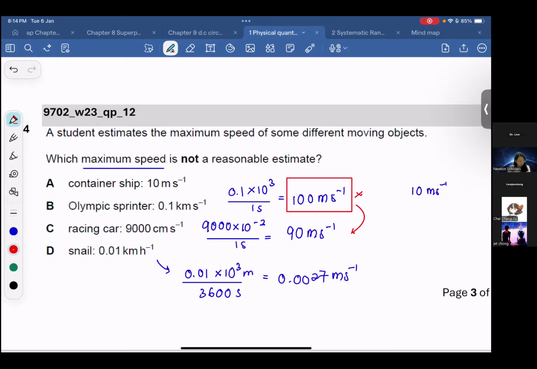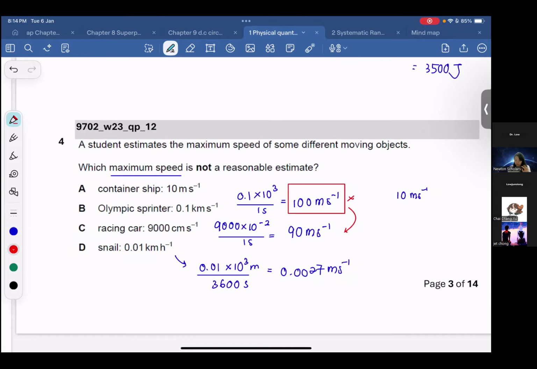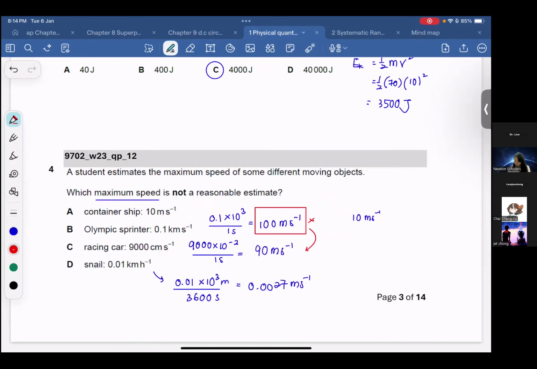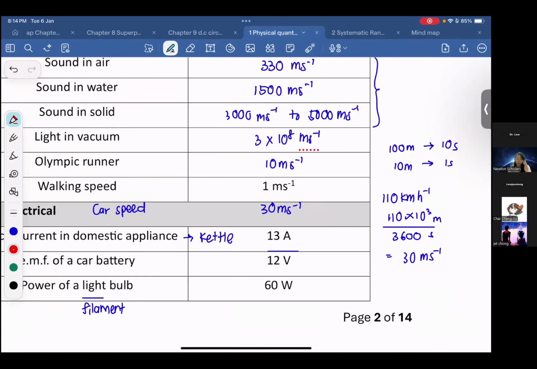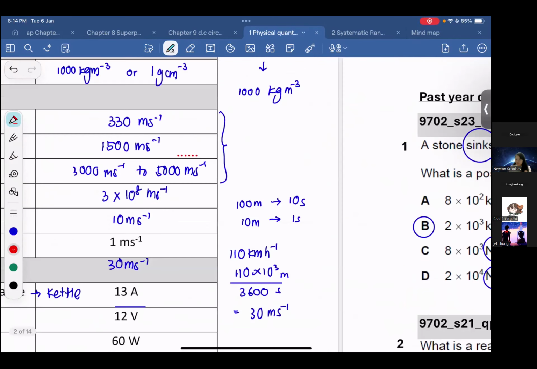Right. Okay. Then 90 meters per second, does it make sense for the racing car? Yes, it's possible. Why? Just now we did some calculation for normal car speed, and we are limited by the highway authority to 110 kilometers per hour. Then we change it to 30 meters per second. So the normal car speed is roughly 30 meters per second.